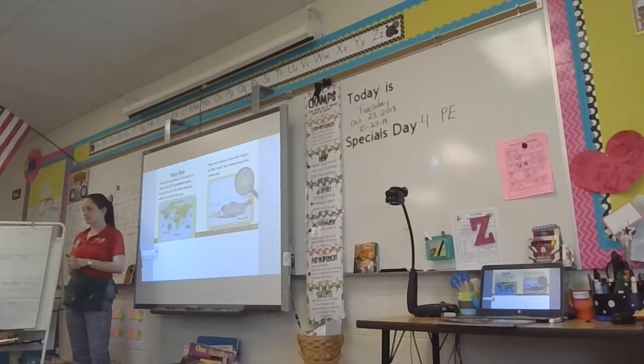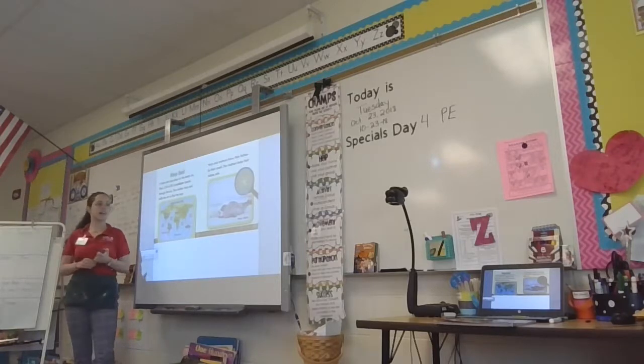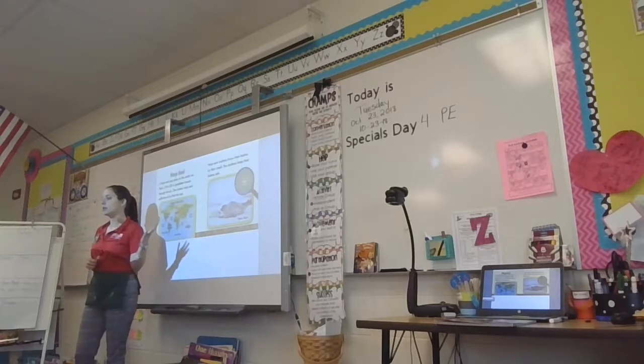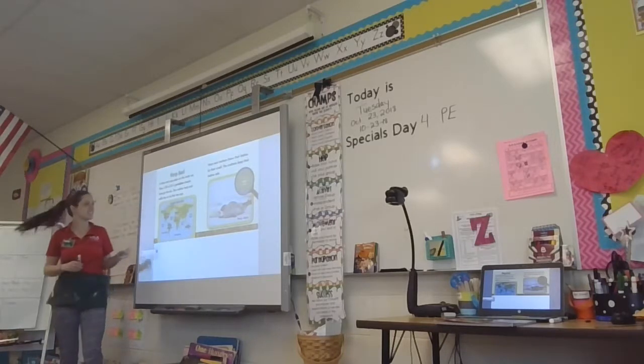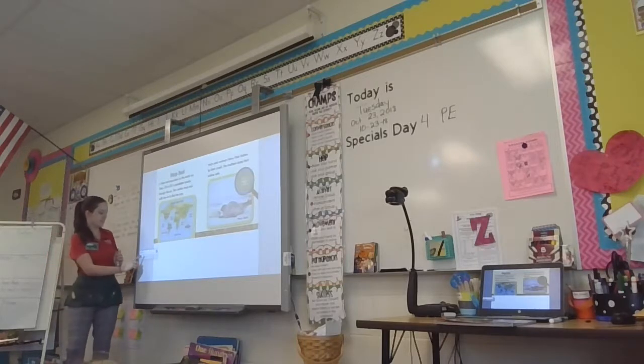The text features can tell us where the harp seals live, how they survive, and how they keep track of their babies. Right, so they can tell us more details about what we're reading about, right? Yeah, good. You did great.